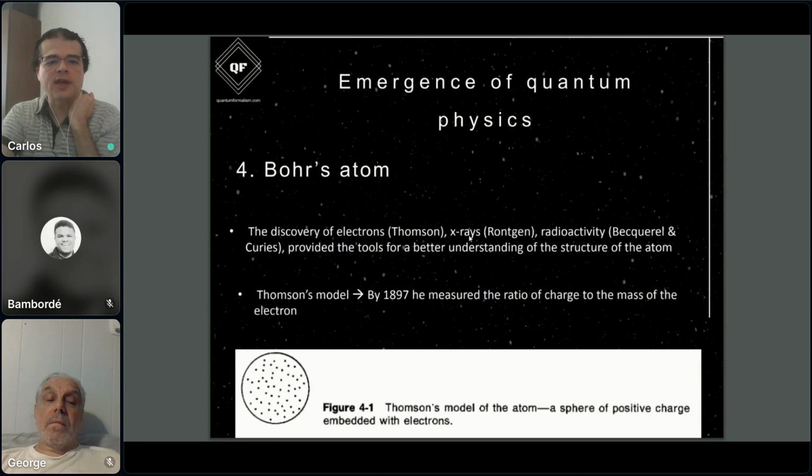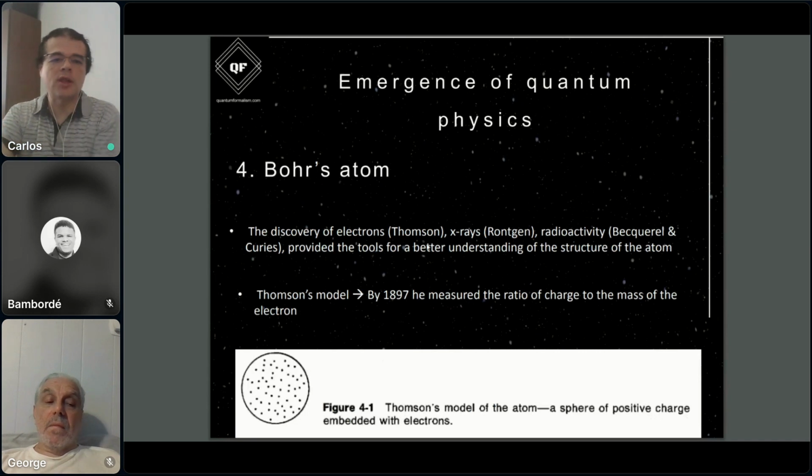Röntgen found the X-rays. Thomson, with his experiment, showed the particle behavior of the electrons. So with this, people were worried about understanding the real structure of the atom.